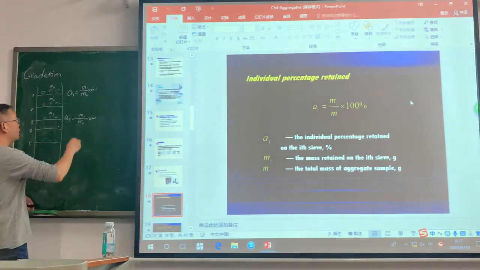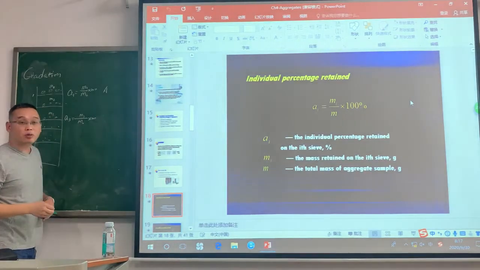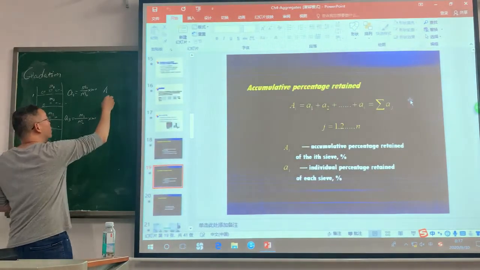The second one we call the accumulative percentage retained.